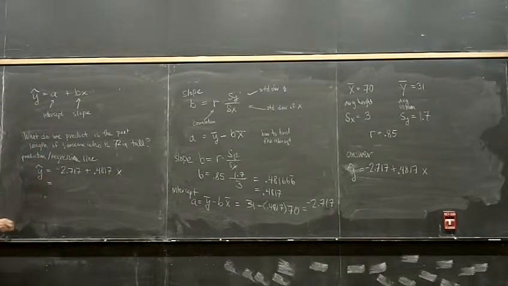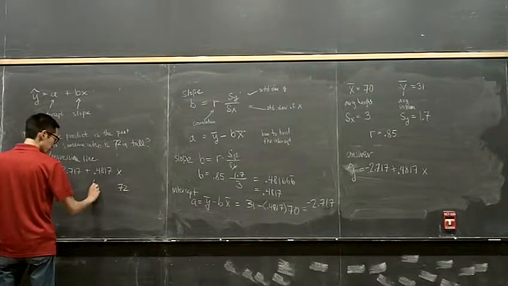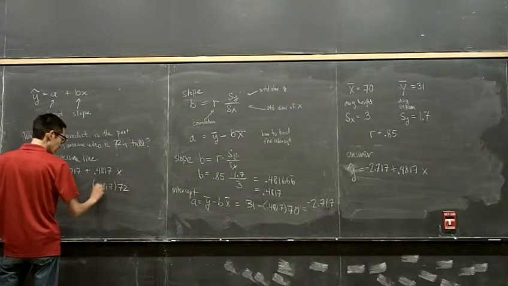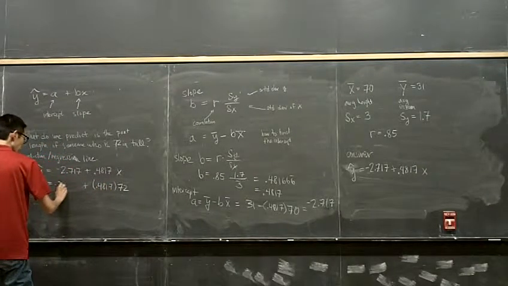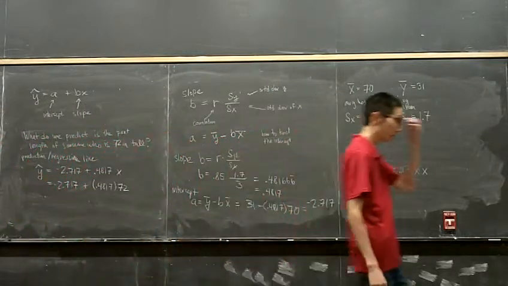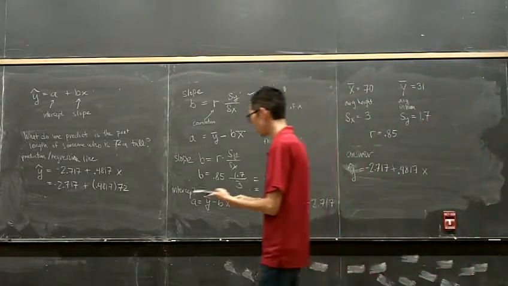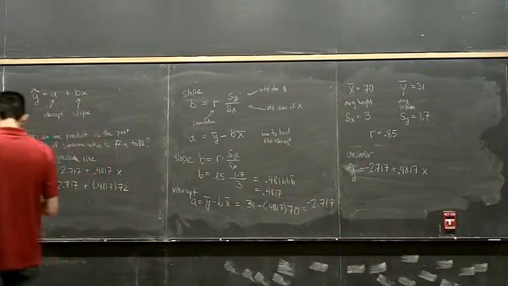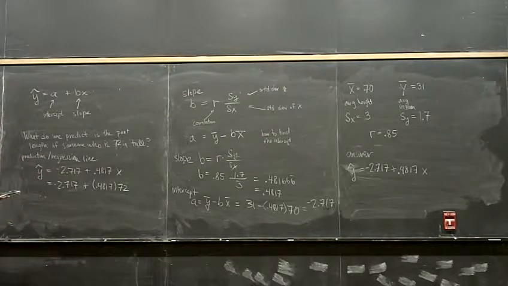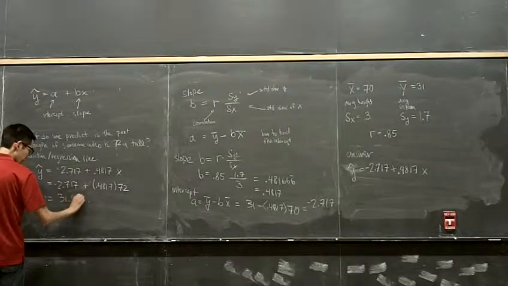So I'm just going to plug in, what is my x here? 72. And I'm going to plug in 0.4817. And what do I get here? I get 31.9654.